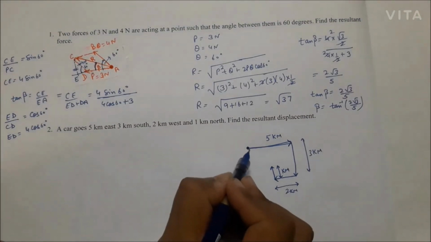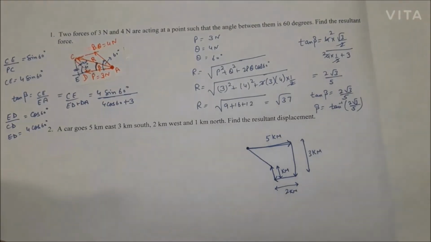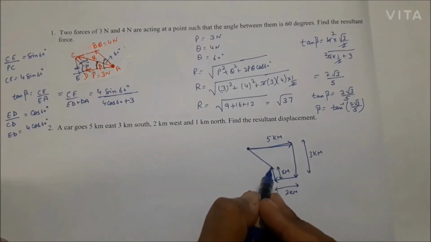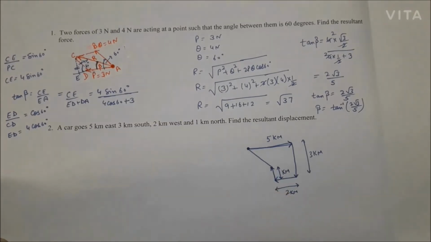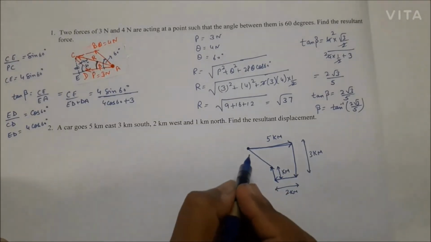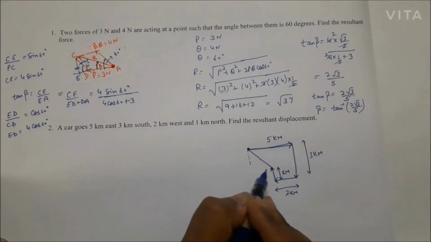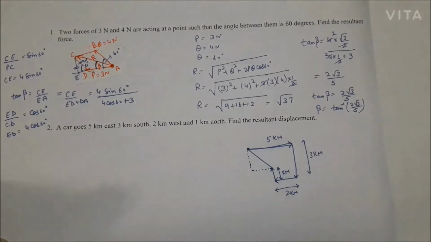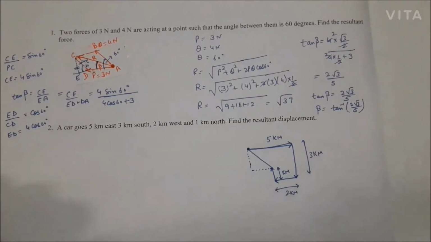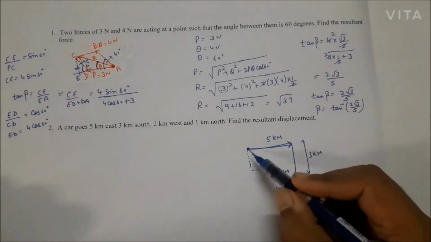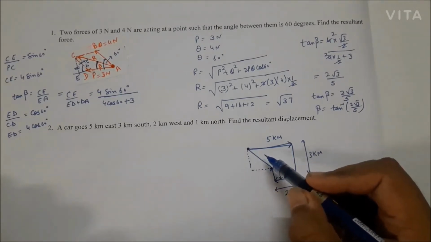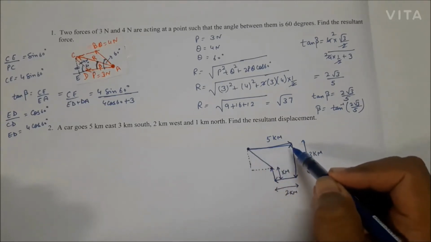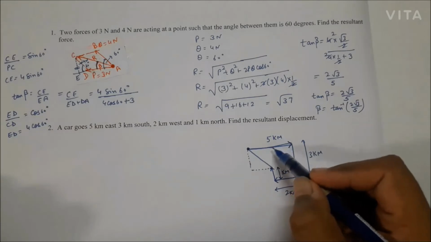Now I have to find out this resultant. Now see, the car moved 5 km in the east direction and 2 km in the west direction.